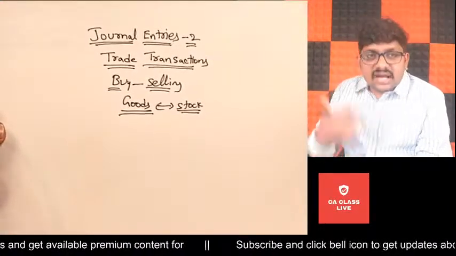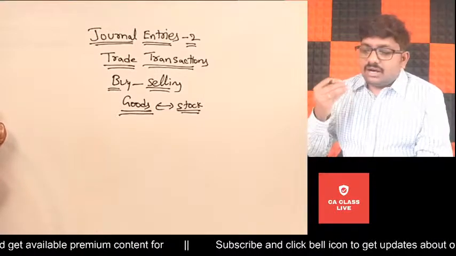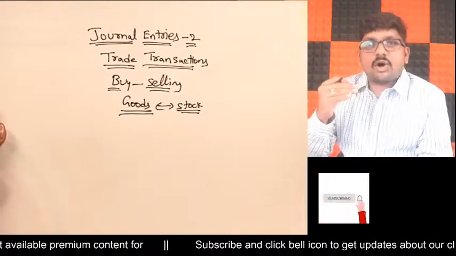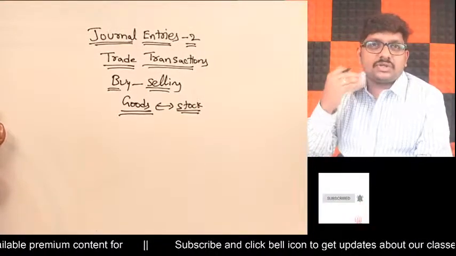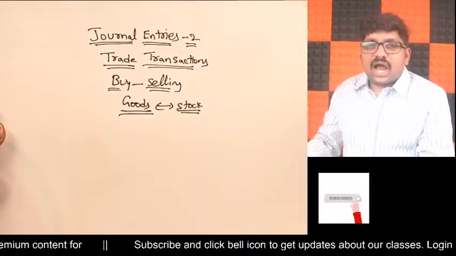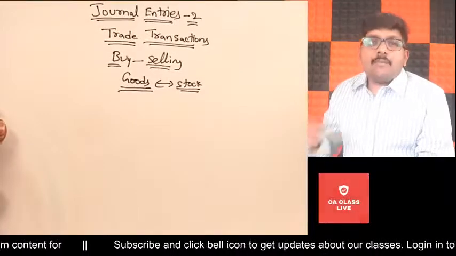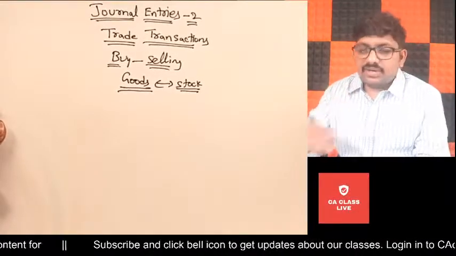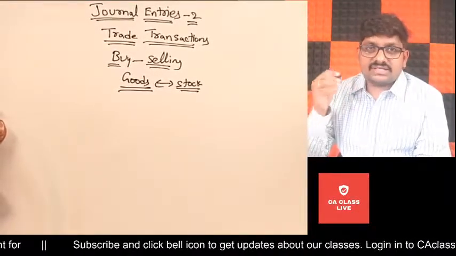Let us first understand the basic sense of what is meant by goods. To understand that, among all the assets that we have, normally we divide our accounts into assets, liabilities, expenses and incomes.